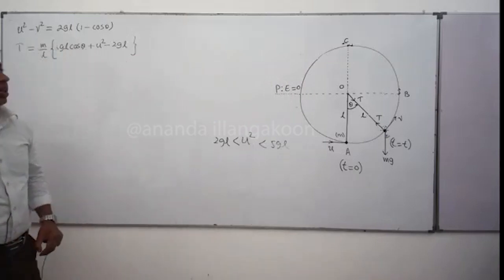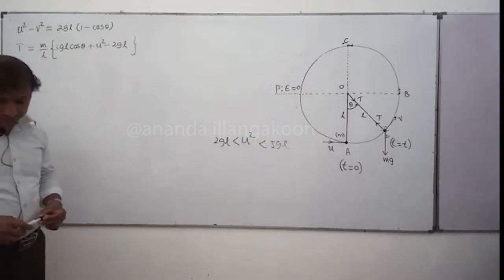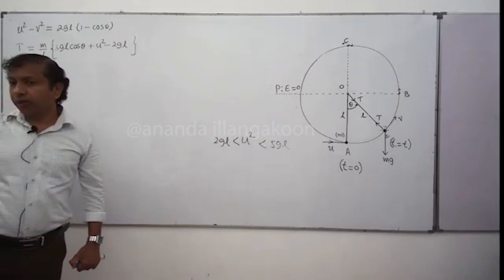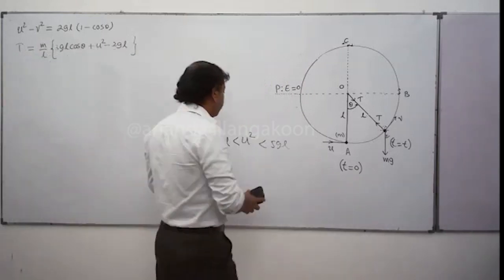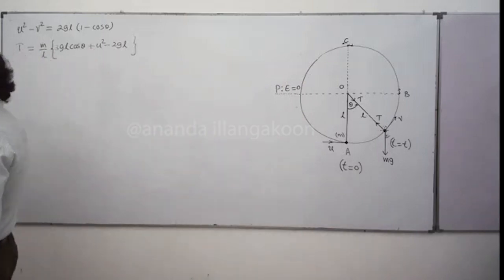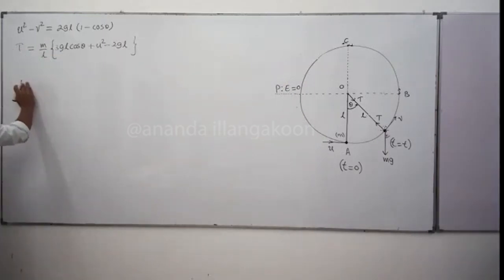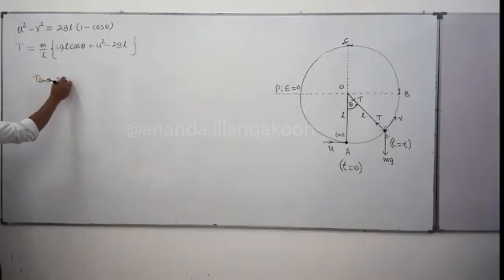When the particle leaves the circle, this happens: the tension T equals 0.